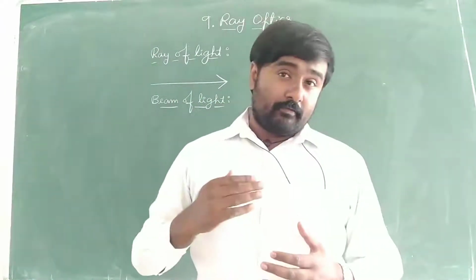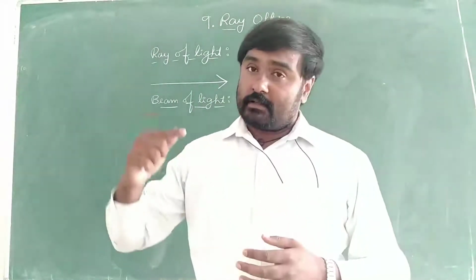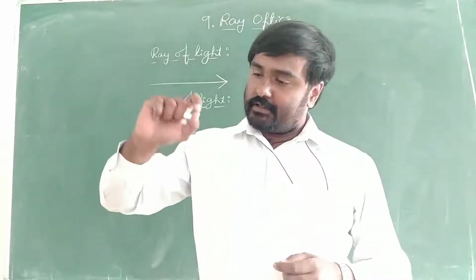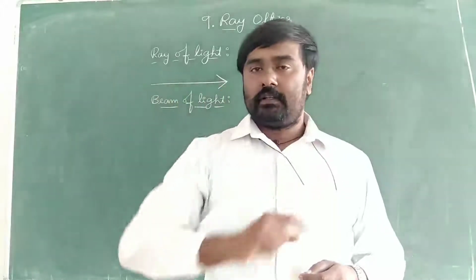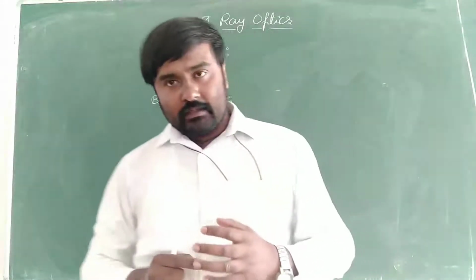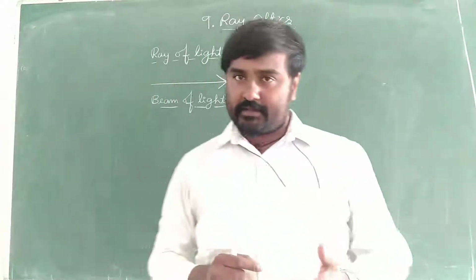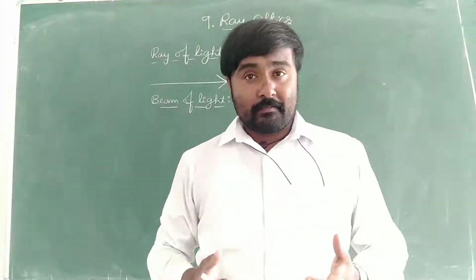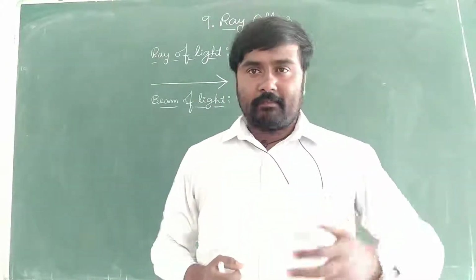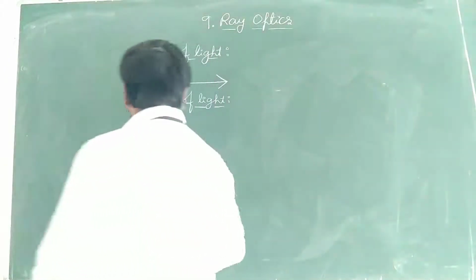A bunch of rays, a bundle of rays, a collection of identical rays is called a beam of light. A ray of light is a straight line along which light can travel.